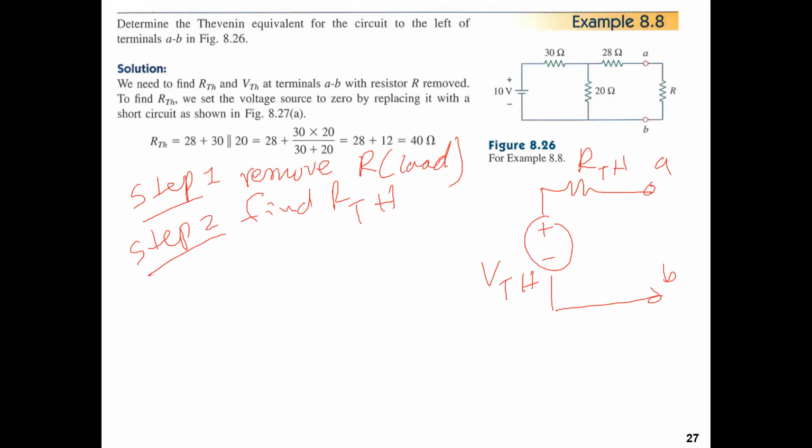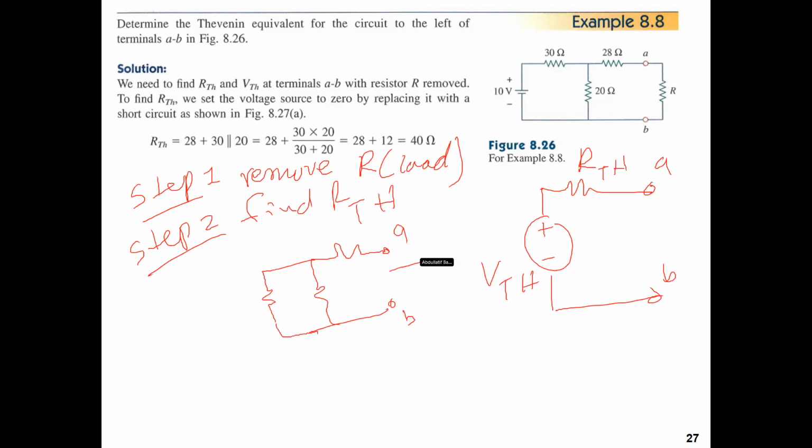Replace the voltage source, its terminal, by a short, and replace the current source, its terminal, by an open circuit. Since we have 10 volts here, we remove the 10 volts and replace it with a short circuit. We already removed R in step number 1.